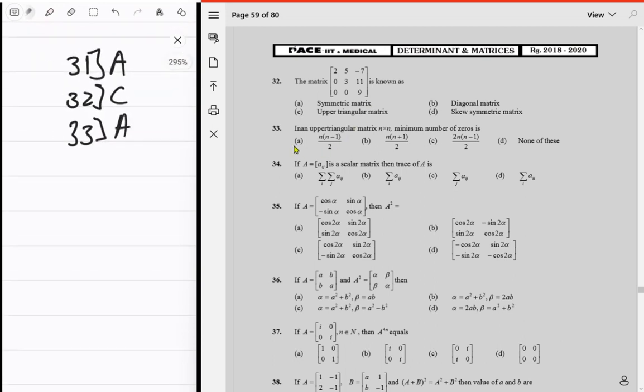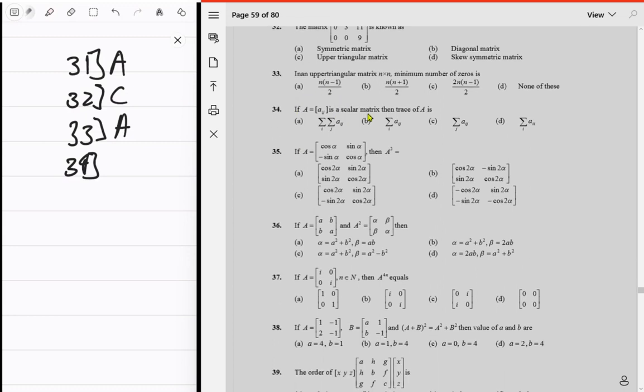Next question. 34. If A is a scalar matrix, then the trace of A is the summation. Yes, that's actually correct, because for a certain i, when you sum along j, you just get the diagonal element for that particular i, and then you're just summing up.